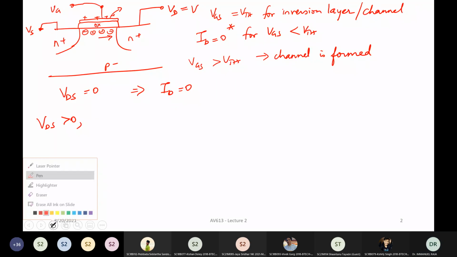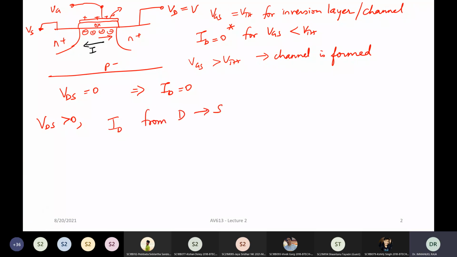Because the electrons are flowing in this direction, the current direction is in the opposite direction. That is why we say that ID, the drain current, flows from drain to source, because the electrons are flowing from source to drain. Now we understand why it is called source and why it is called drain: the source is the source of electrons, and the drain is where the electrons are draining out to.